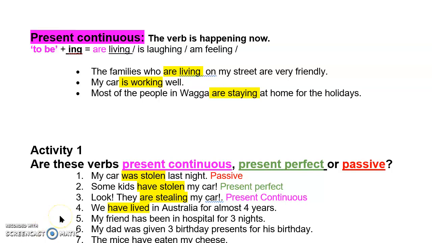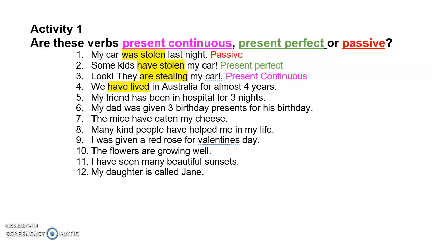Let's look at activity 1 and see if we can see which verbs are present continuous, present perfect, or passive. Number 1, my car was stolen last night. This one has been done for you. This verb was stolen.